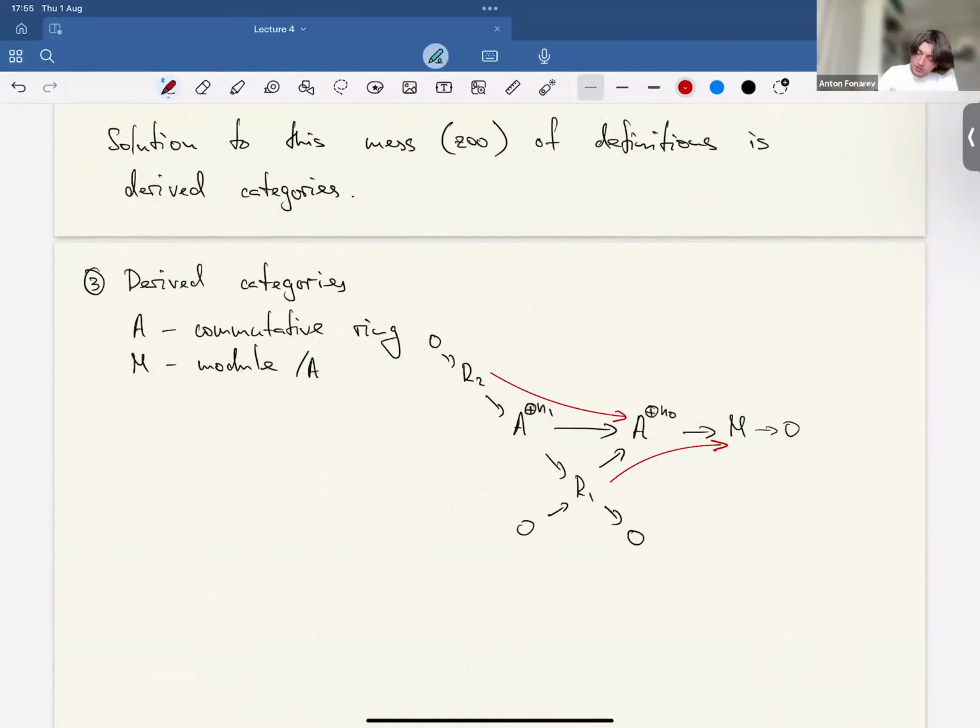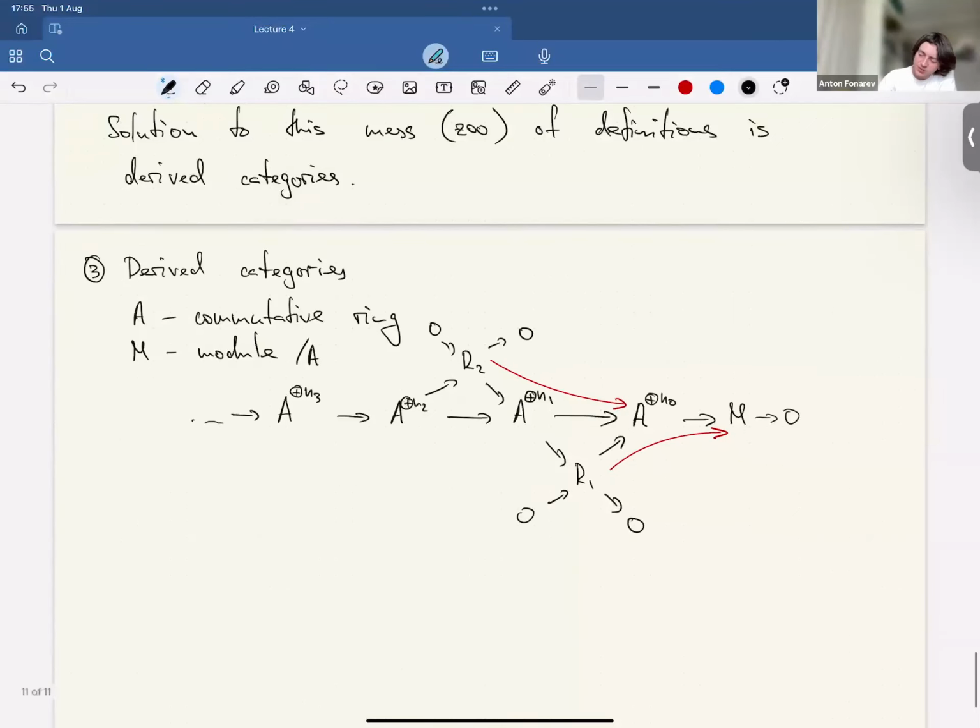All right, well, I just continue the process. I say that I choose a surjection here. And in the end, what I've just done is I've represented my M as a complex.